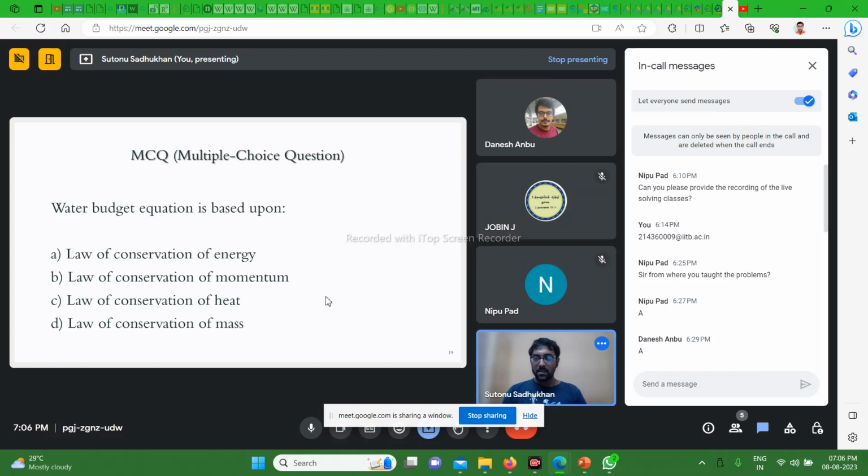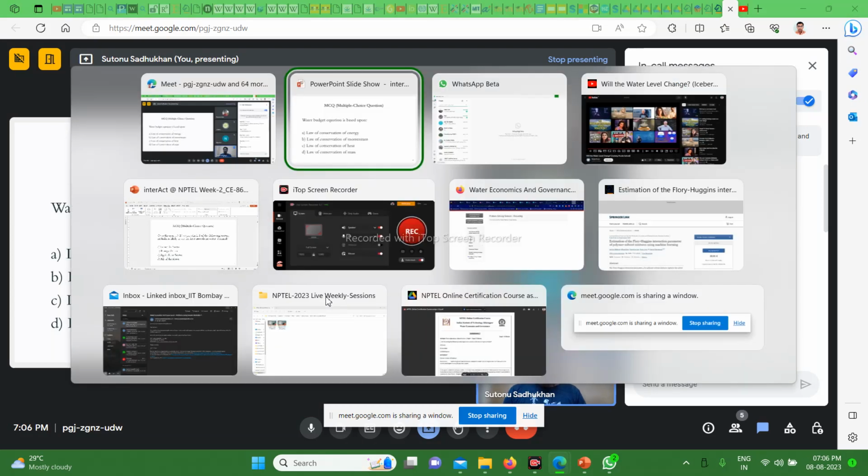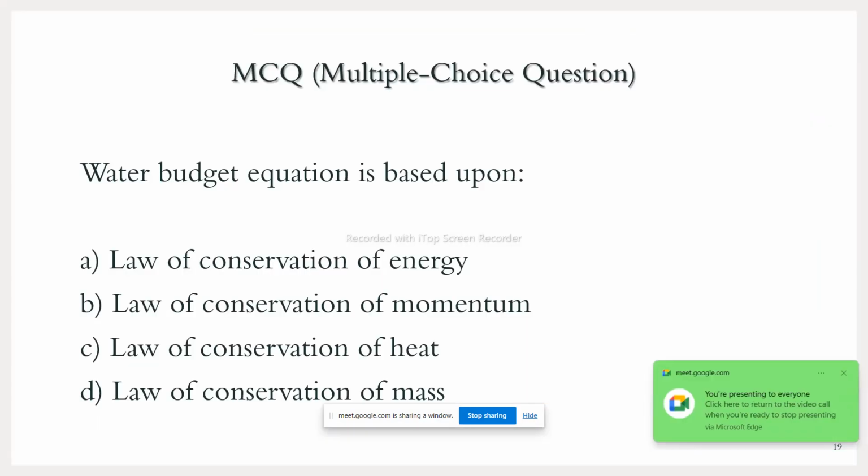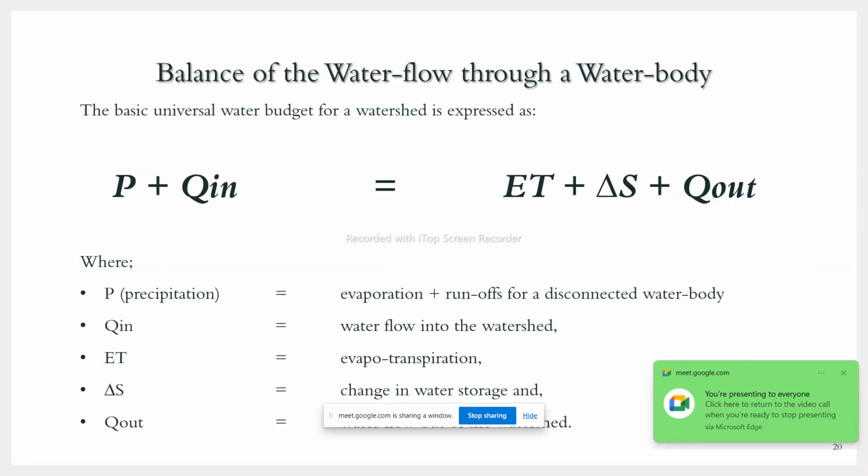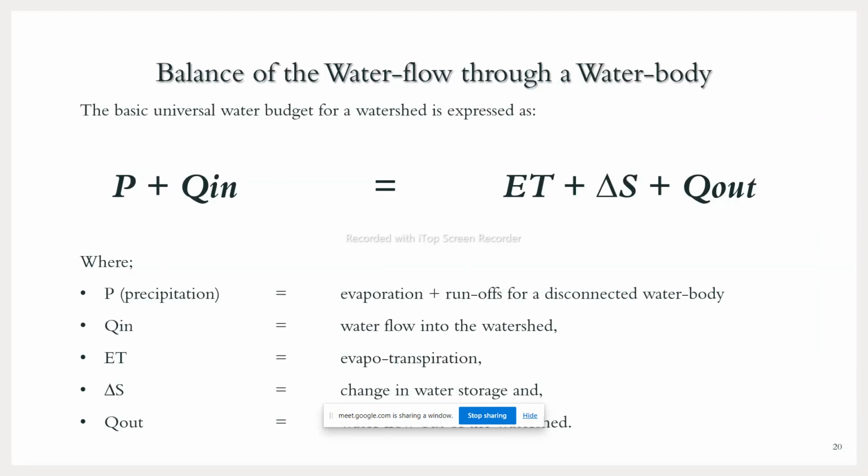Okay. So the answer which Danesh gave, that is true. It is basically the law of conservation of mass. Now we'll see the balance of the water flow through a water body.